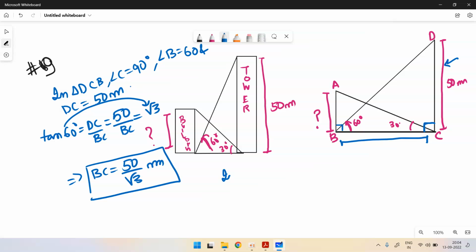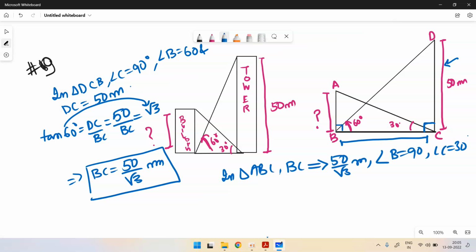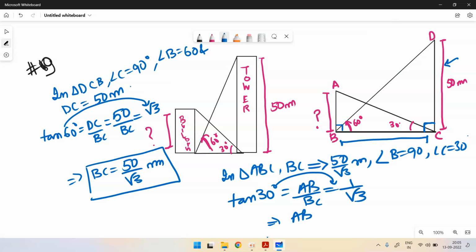Now coming to triangle ABC, BC you have already calculated, and it is 50 by root 3 meters. Angle B is 90 degree, angle C is 30 degree. So with respect to 30 degree, AB is the perpendicular, BC is the base, so tan of 30 degree is nothing but AB by BC, and you know that tan 30 is nothing but 1 by root 3, which implies that AB by BC equals 1 by root 3.